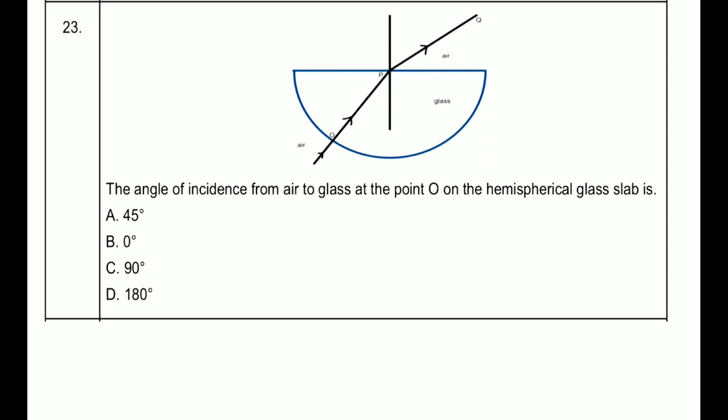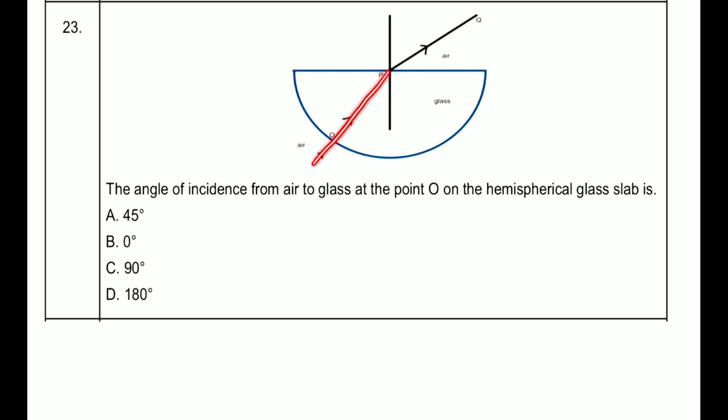You guys can see this is not undergoing any kind of bending, right? Can you guys see that? Although we are changing from air to glass, we are changing the medium. Normally, if you are changing the medium, there must be some bending, but you can see there is no bending here. You guys can see this is the radius of your semicircle.